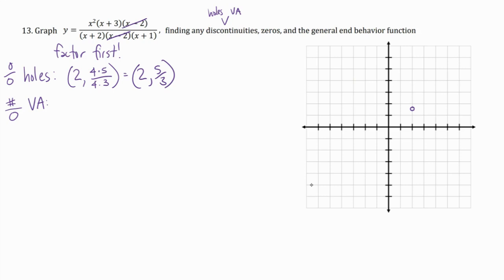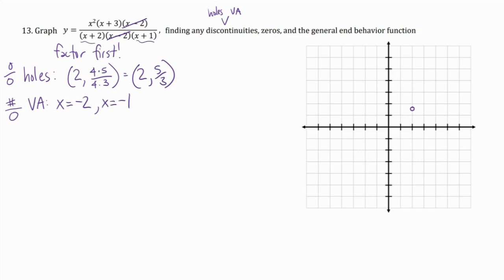But if I plug in -2 into my denominator, I would be dividing by 0. So it's the number that makes just your denominator equal to 0, but not your numerator. And that's why you want to start with holes, because then you can just ignore the holes if they cancel out. In this case, we only have x minus 2 and x minus 2, so they totally cancel. So now I know I'm going to have a vertical asymptote at x equals -2 and x equals -1.